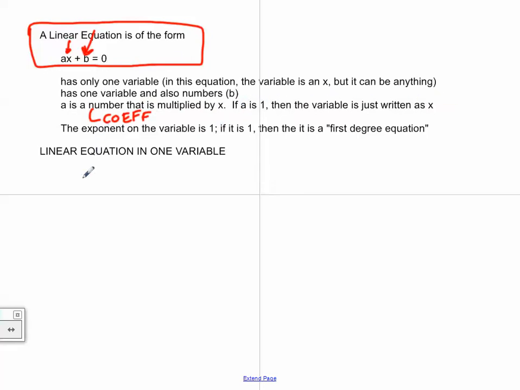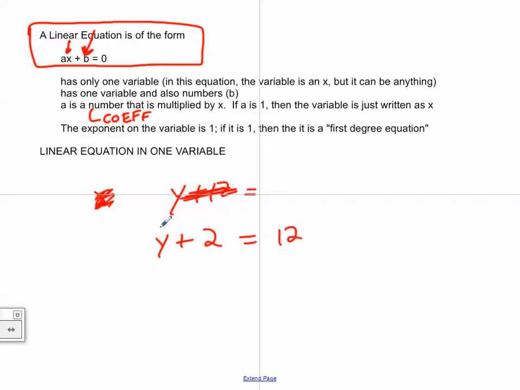Let's go back to our previous equation, y plus 2 equals 12, from the previous slide.